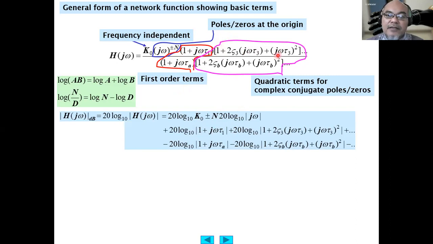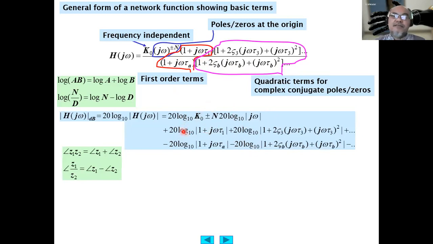Plus 20 log |1 + jωτ1|, plus 20 log of the magnitude of the quadratic term, 1 + 2ζ3 jωτ3 + (jωτ3)², plus the other terms. For the denominator we put negative: minus 20 log |1 + jωτa|, minus 20 log |1 + 2ζb jωτb + (jωτb)²|.